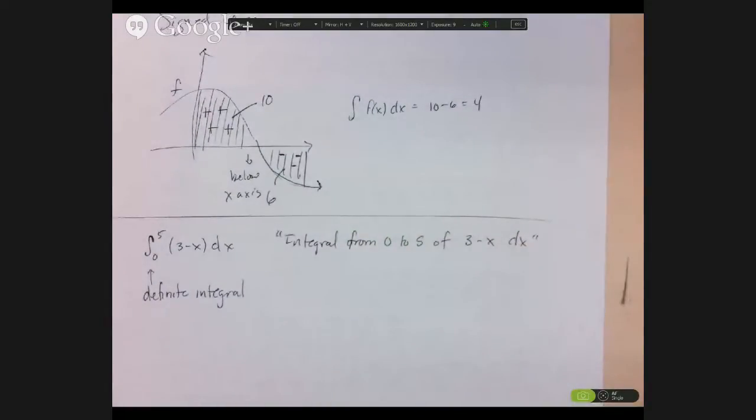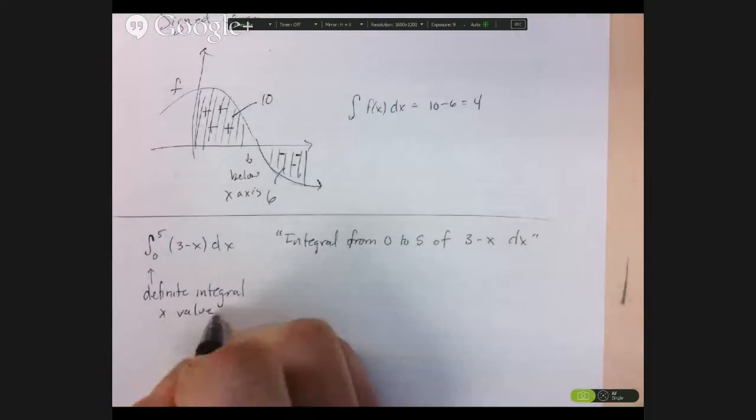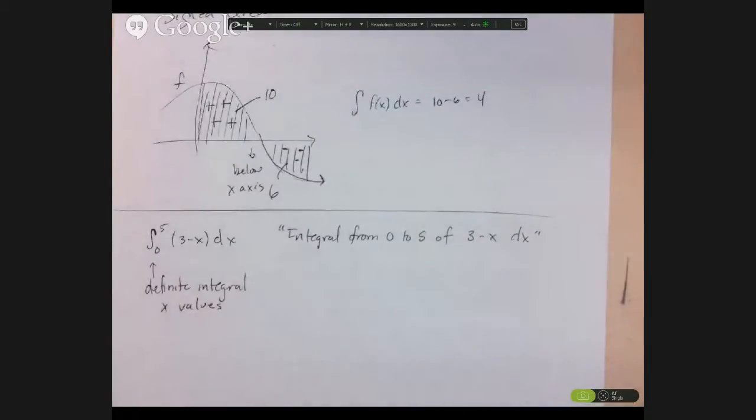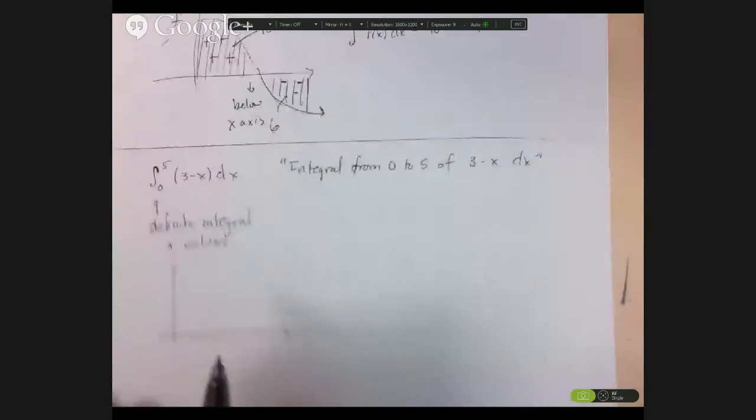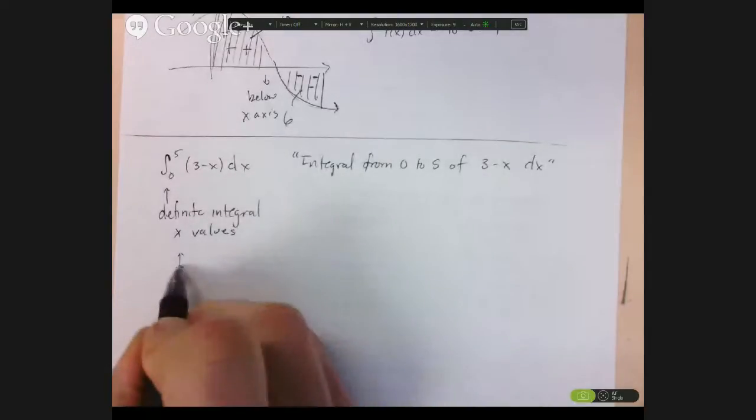So with indefinite integrals, we were not given boundaries. So we didn't know where to stop. Okay. Those are x values, they're boundaries from 0 to 5. So we actually have a shape. We'll go ahead and graph this so you see it.